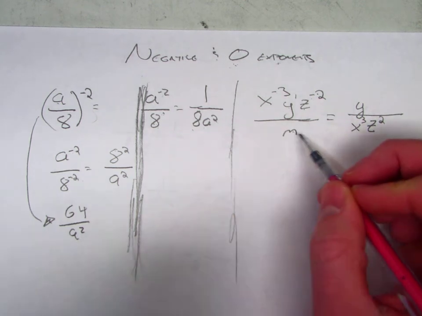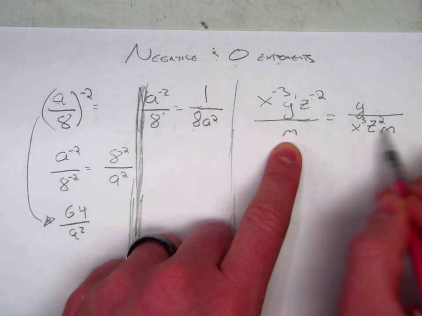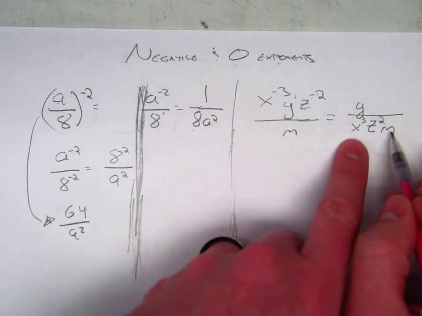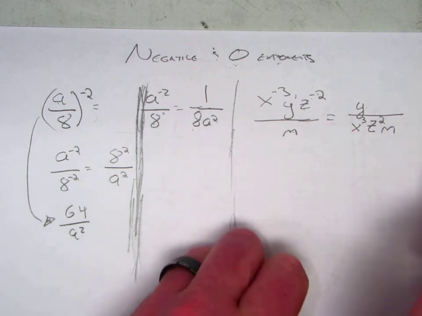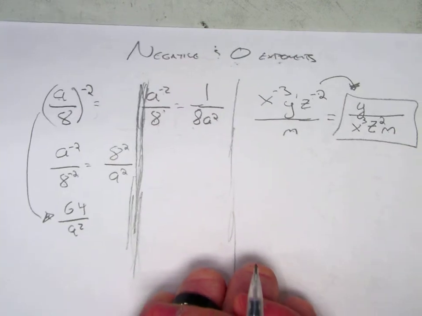And the m, it doesn't have a negative exponent, so it's going to stay in my denominator. The order that you write these terms in doesn't really matter. I could have written the m first because the commutative property of multiplication says that when these three values are being multiplied, the order doesn't matter. So that simplified is this.